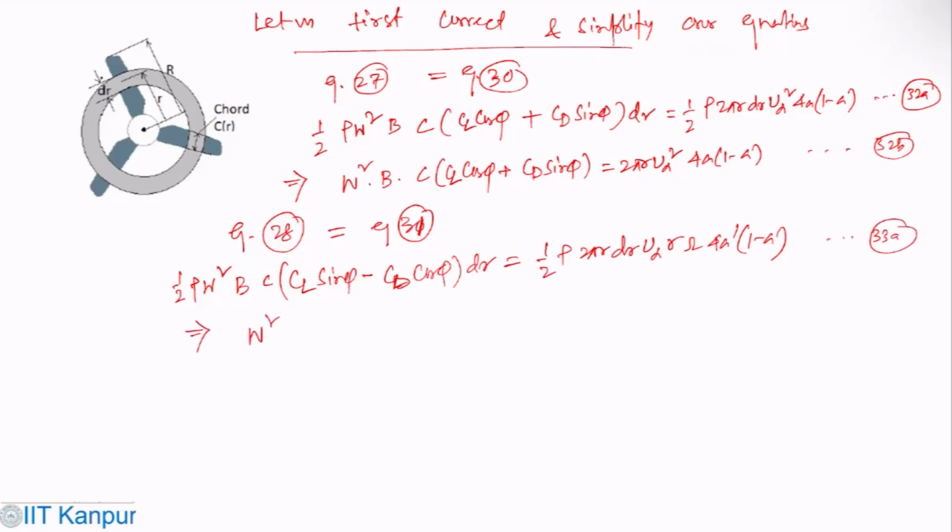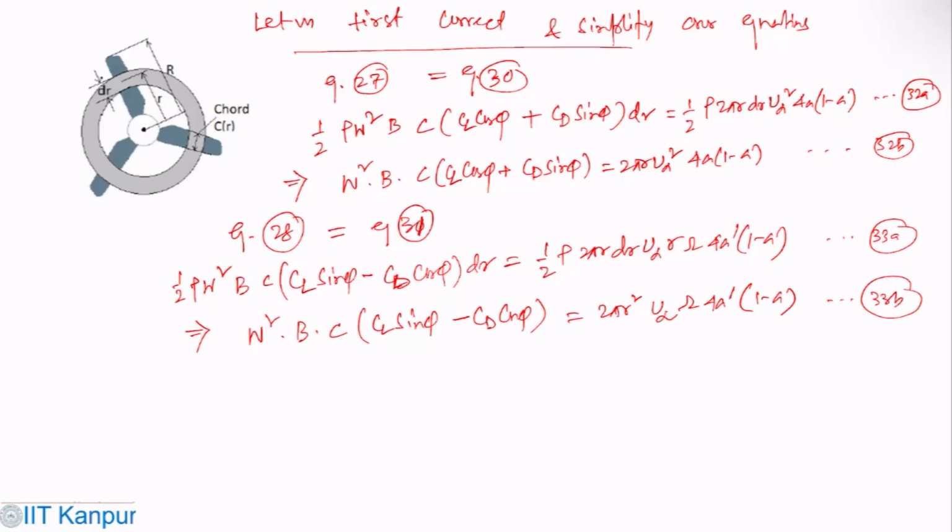That gives W square B C CL sin phi minus CD cos phi equals 2 pi r square u infinity omega 4a prime 1 minus a. So this is what we have now. Okay.